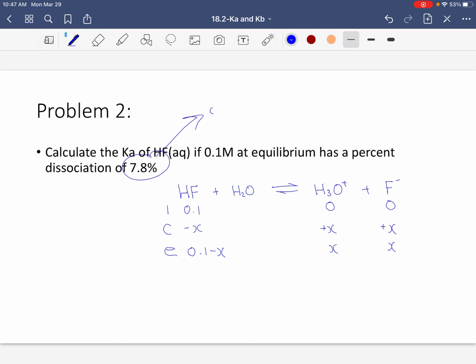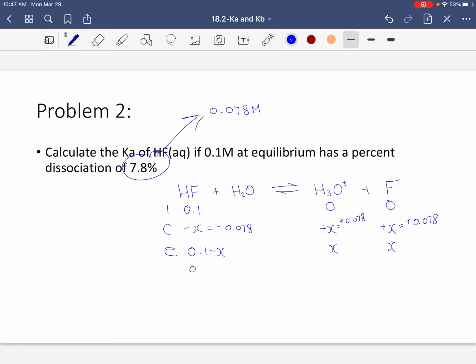That is 0.078. Gonna have to change that to a decimal, you know. So what that is really is negative 0.078. This is really plus 0.078, plus 0.078.